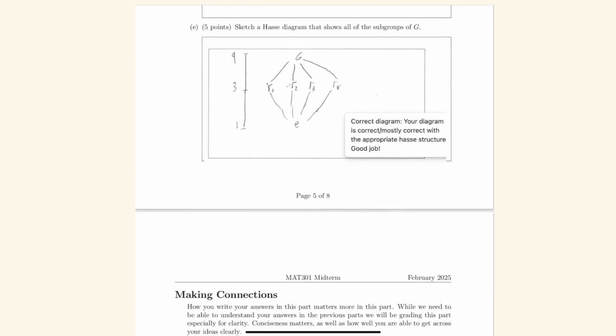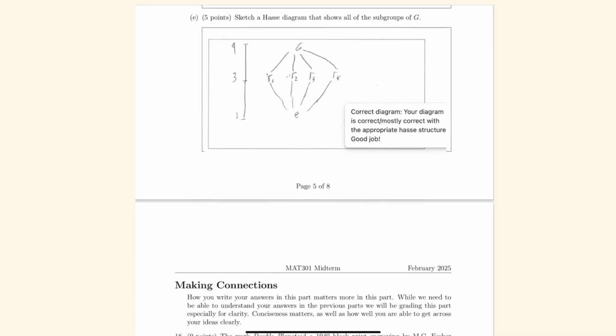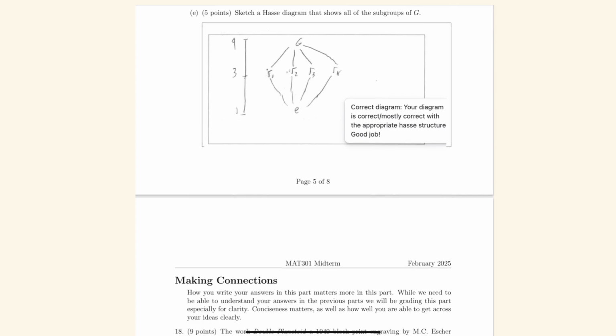Okay, and then sketch a Hasse diagram that shows all of the subgroups of G. And so this is the diagram that the student came up with. This is a great diagram because we know that all of these are of order 3, as the student notes.